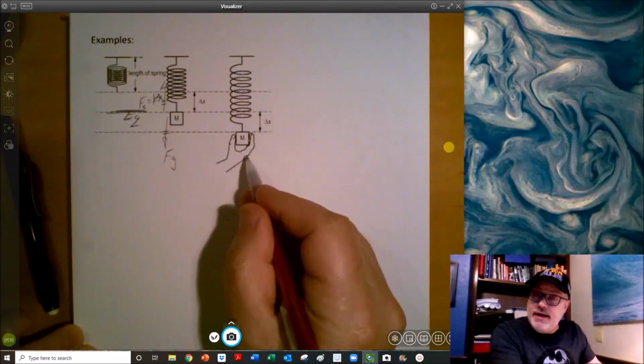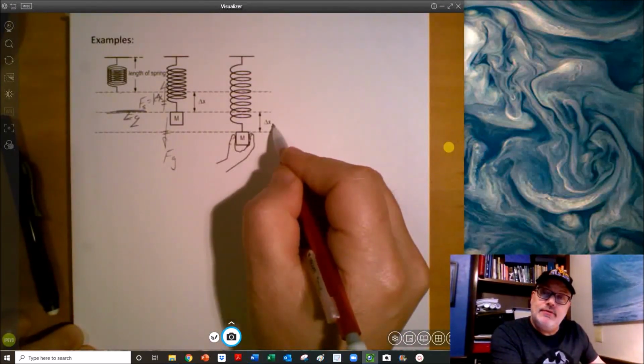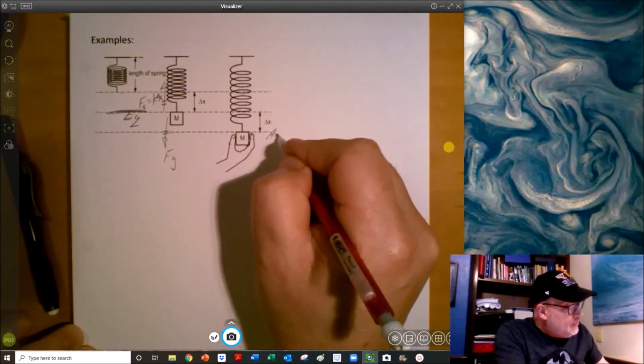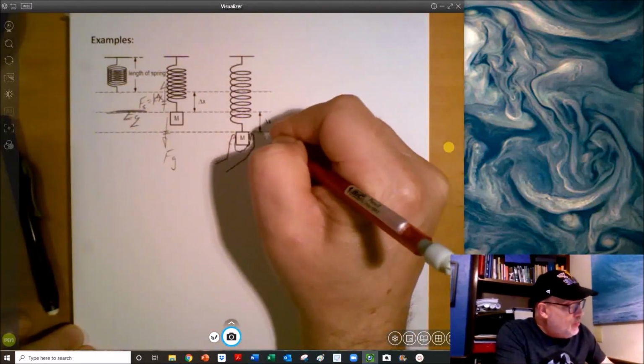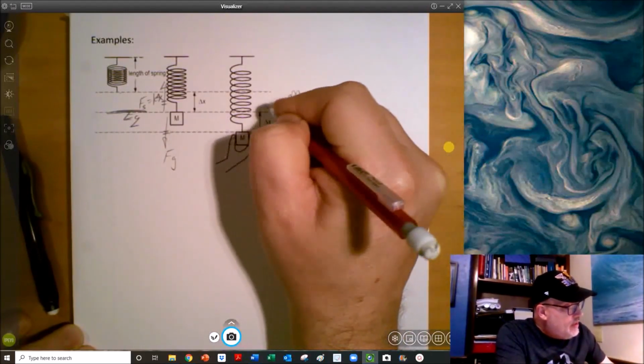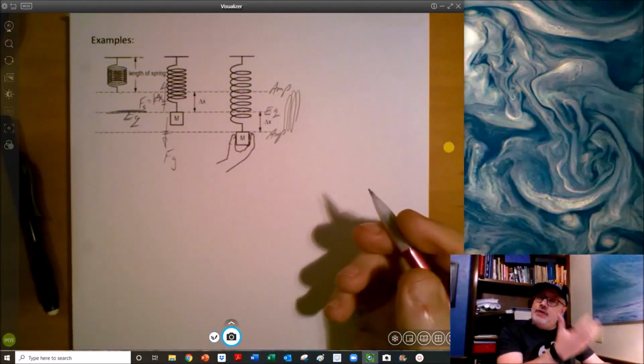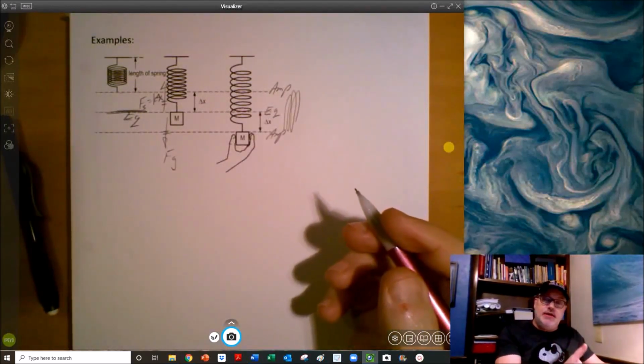Now, if the disembodied hand of science brings it down another delta x, this will be our amplitude, and it will oscillate up and down, back and forth between here, the equilibrium, and the amplitude at the top. Let's take a look at what's going on with the energy here.